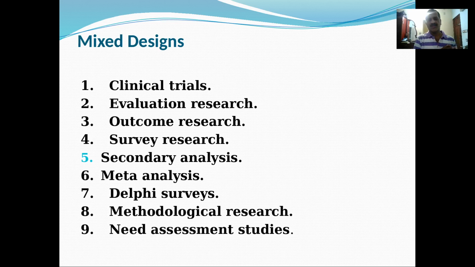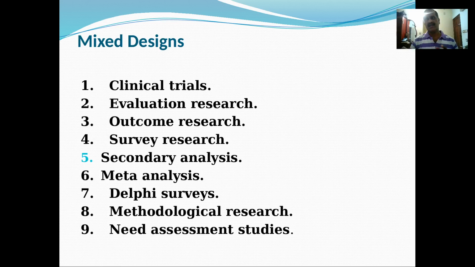So qualitative phase followed by quantitative phase, and vice versa, or sometimes a mixture of quantitative and qualitative. So any type of mixing can be done. So these are mixed designs.